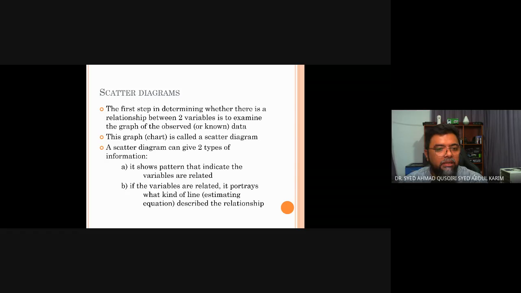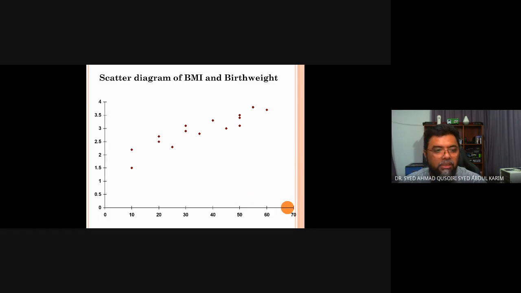So the scatter diagram is the first step in determining whether there's a relationship between two variables, which is to examine the graph of the observed or known data. There are two types of information here. It shows the pattern that indicates the variables are related. And if the variables are related, it portrays what kind of line or equation describes the relationship, as I mentioned earlier.